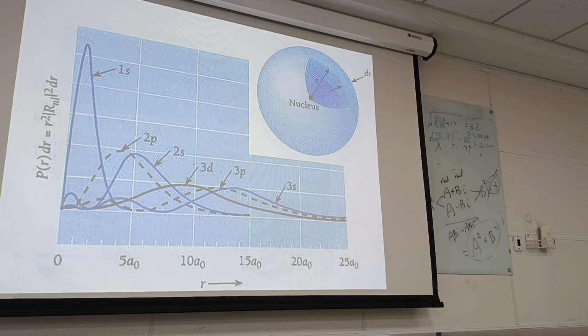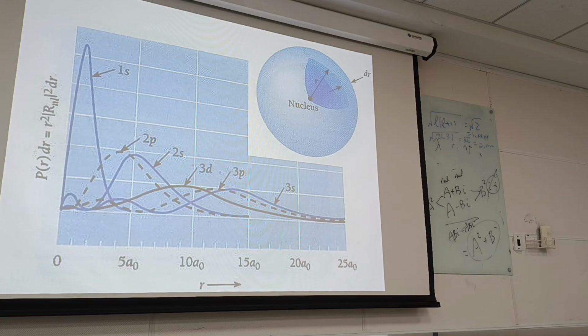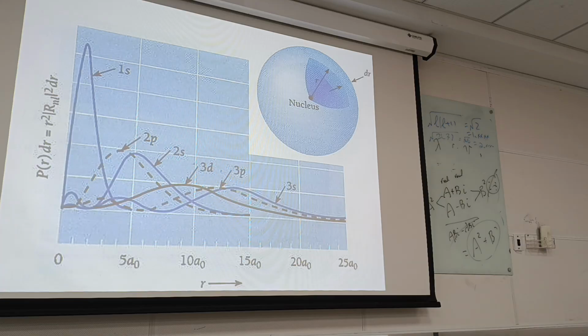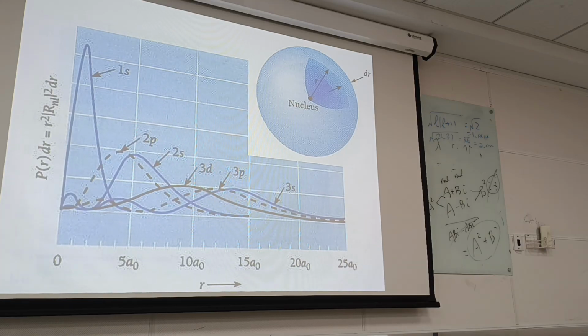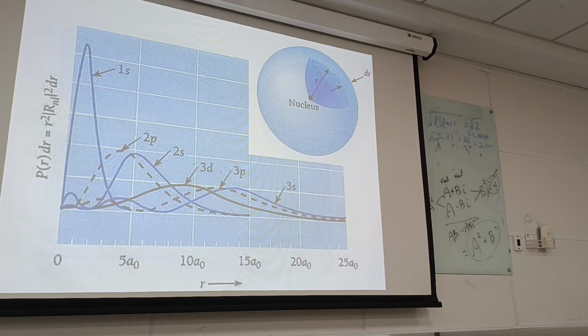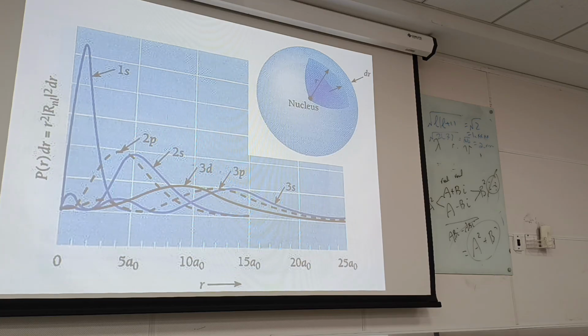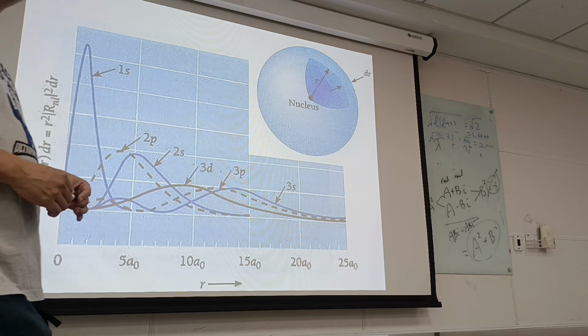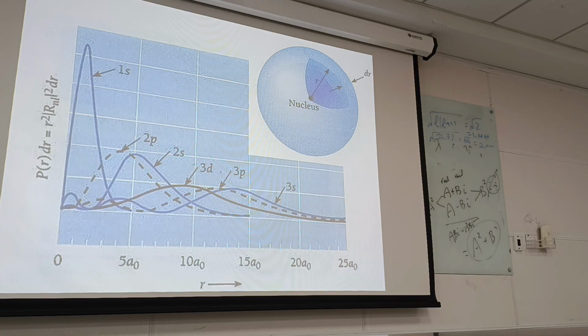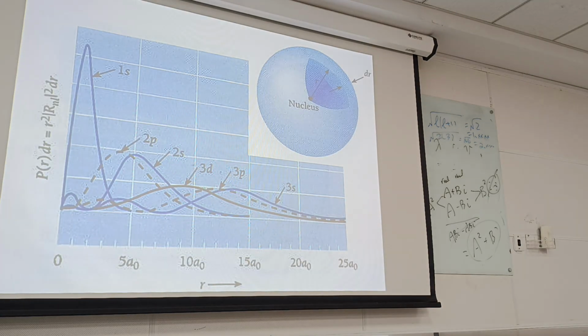It doesn't mean that the 1s electron is at 0.53 angstrom, because it can be infinitely far away or very close. But the most probable position is 0.53 angstrom. So this is what a naught means.